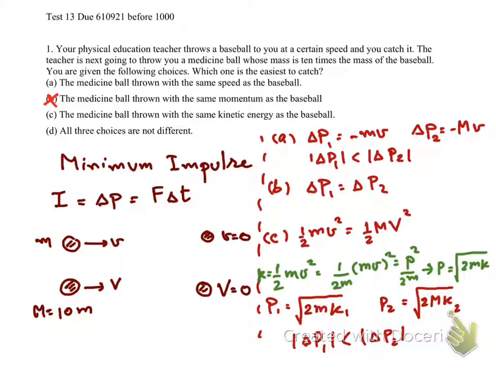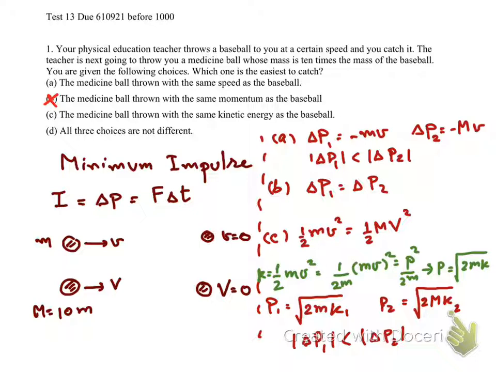A, the medicine ball is thrown with the same speed as the baseball. So you can see that initially the ball moves with velocity v and then it stops. So the change of the momentum is minus the initial momentum, right? But anyway, we are interested only in the magnitude of the change of the momentum.